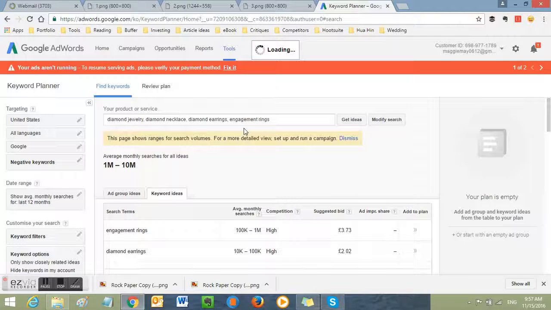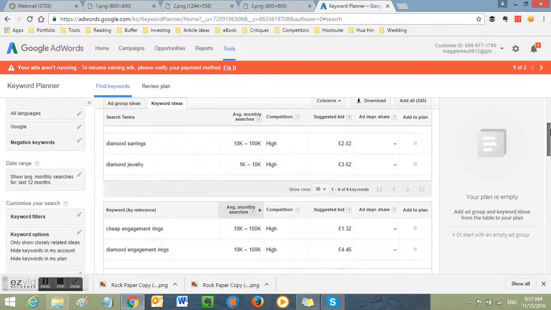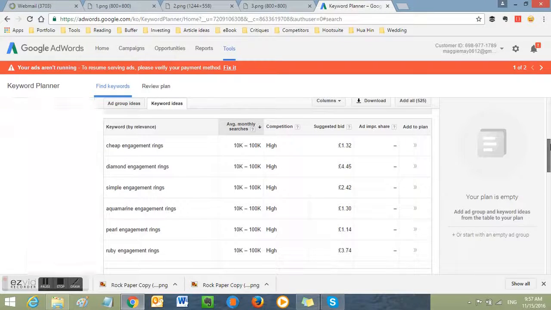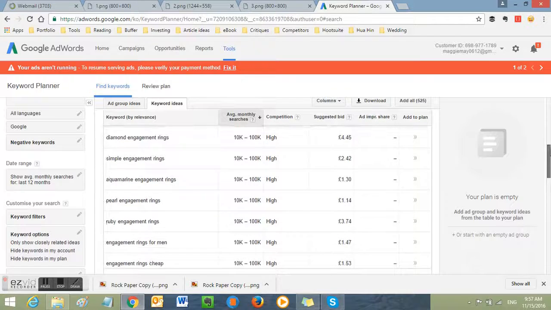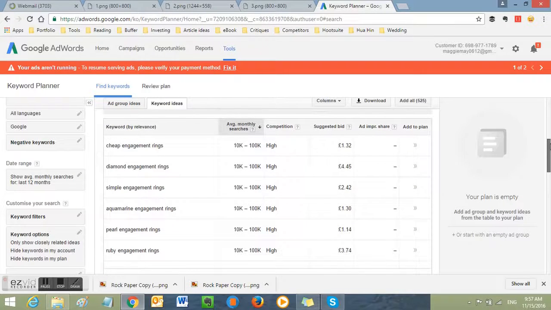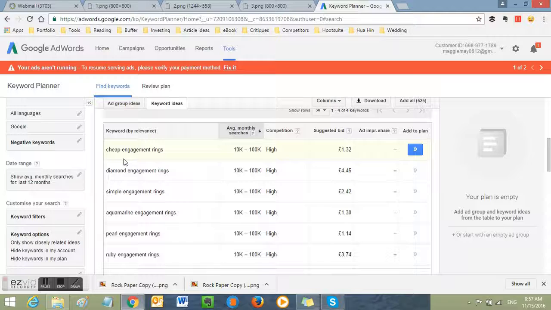So the first one is cheap engagement ring. Now I know the client doesn't want to target the deal seekers. He wants to place himself in the premium jewelry market. So we won't be using this keyword. Diamond engagement rings. This is very good.